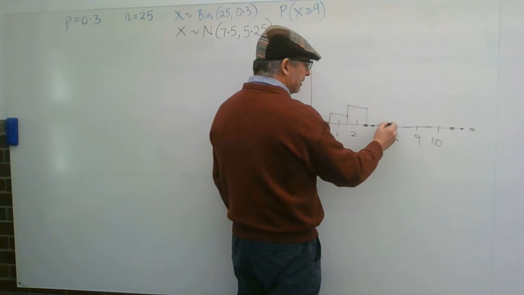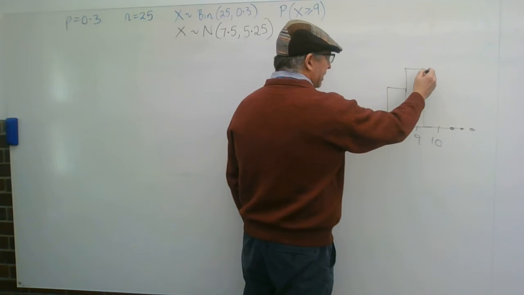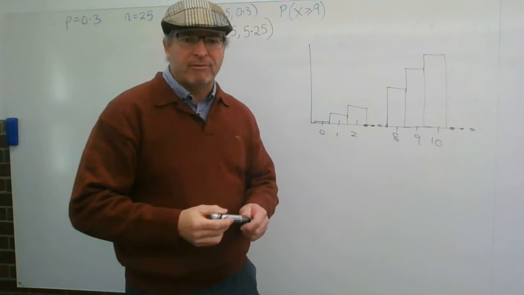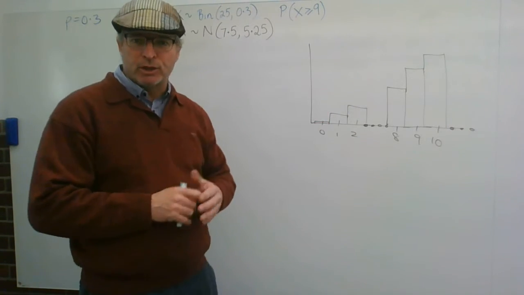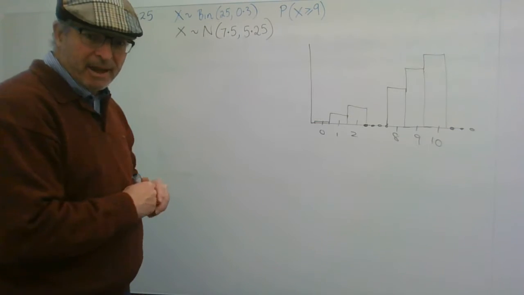There's 8, there's 9, there's 10, let's say, roughly. And each one of these has a probability associated, which you can calculate by expanding out that binomial expansion that we did before.